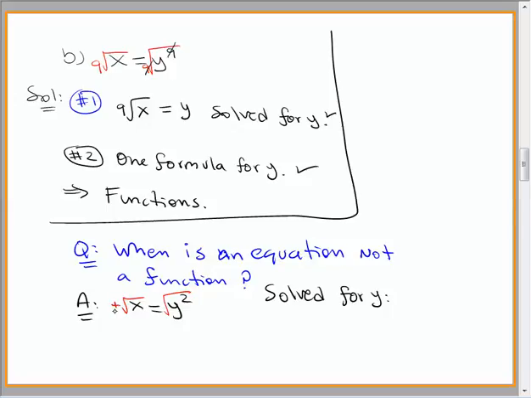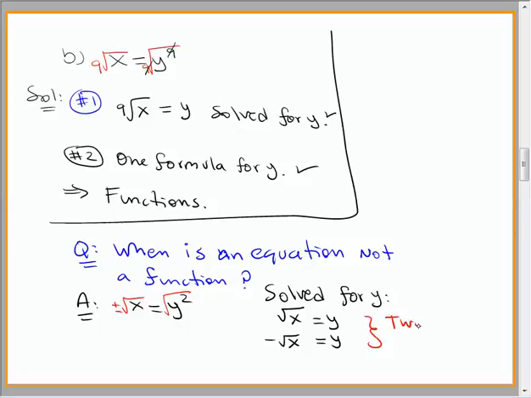So when we solve for y, we get y equals square root of x, but because we have the plus and minus, we actually have to use also the negative square root of x. So in this example, we have two formulas for y.